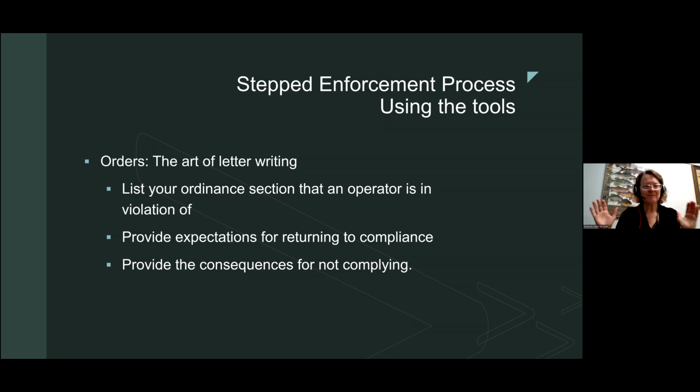Okay, so they're operating without a permit. You need to tell them in the order, we believe you are in violation of ordinance section requiring an operator to obtain a permit prior to beginning mining. Okay, so you're going to look for each of those ordinance sections with which they need to comply, and you're going to list that.